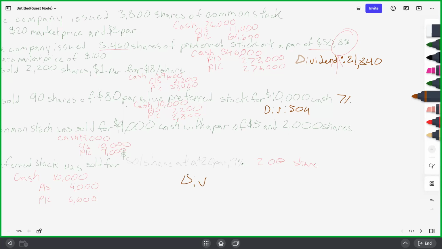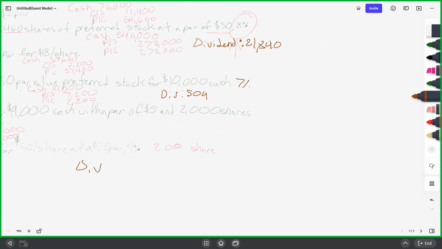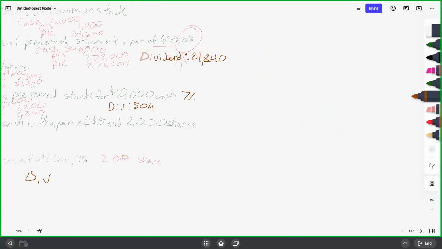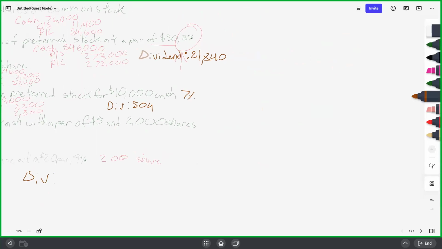So we're going to keep going to the side here. We'll talk more about dividends, but I want to see if you guys are able to record some dividends first. We'll say we're going to be giving a 20,000 dividend.